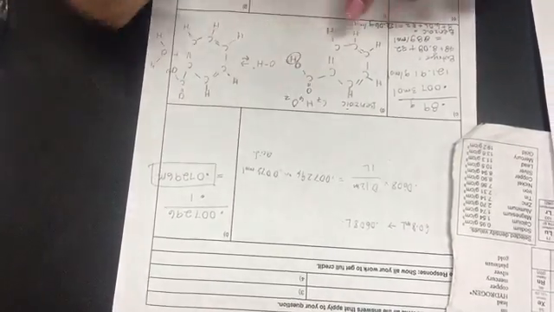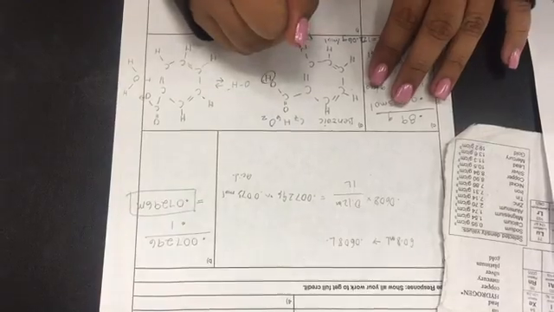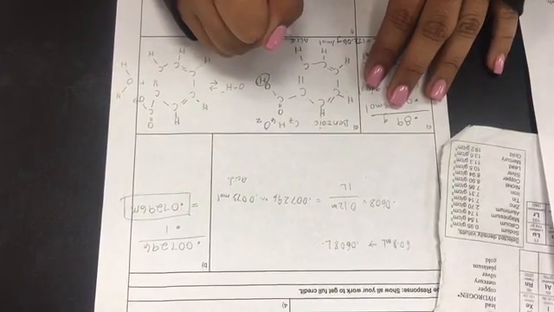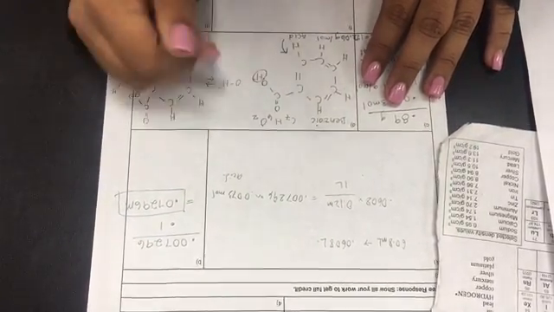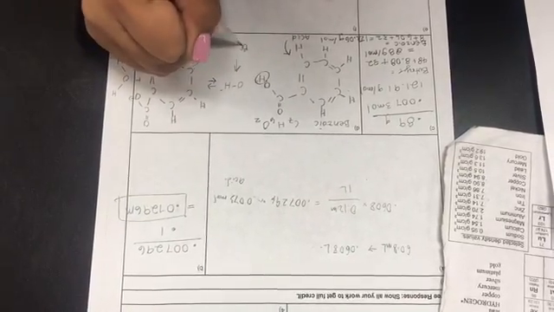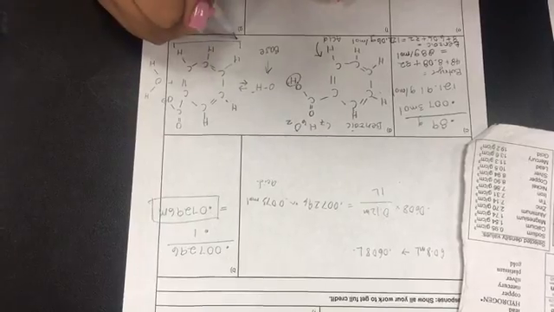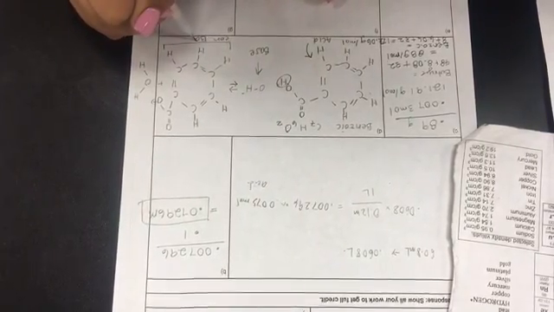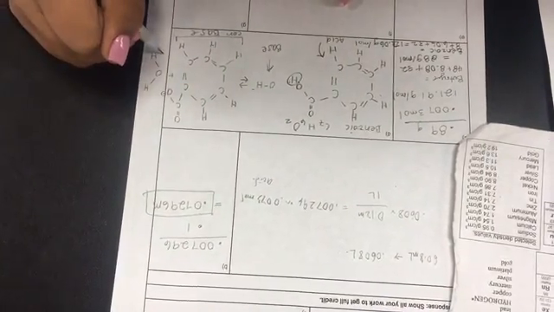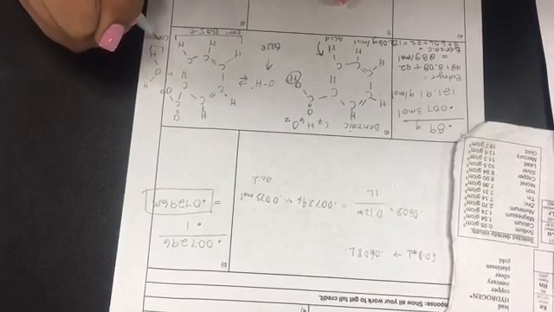This one would be your acid, this one would be your base, this one's your conjugate base, and this one is your conjugate acid.